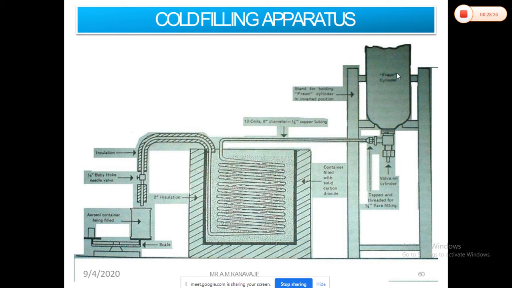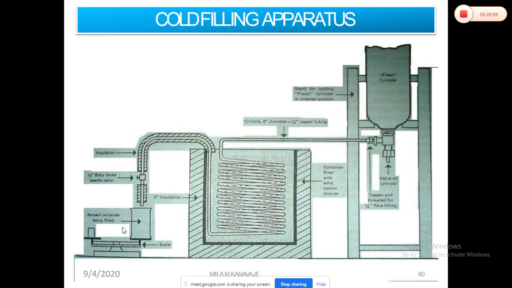Here the freon cylinder is there. Through this valve opening, the gas is passed. This is the insulated copper coil, through which your material is passed and the chilling is provided. Then the insulation is also provided, and through the small opening, the product concentrate as well as the chilled propellant is added into the containers until your weight is adjusted.